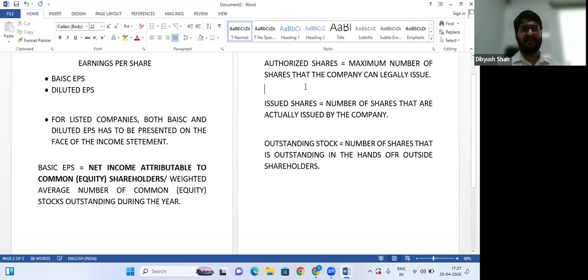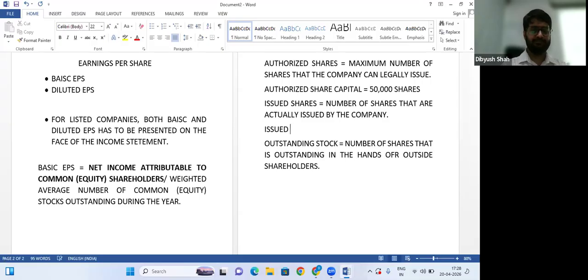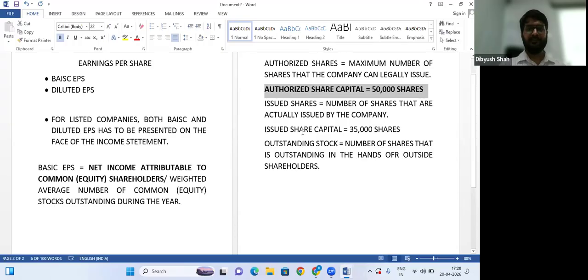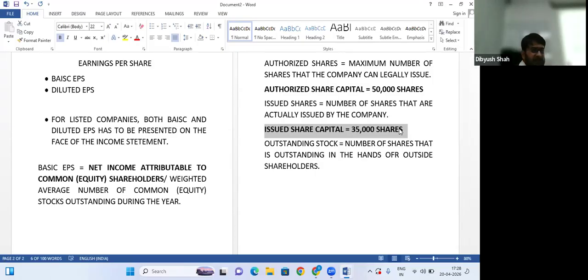Now listen and understand where the difference is created. Let's say a company has an authorized share capital of 50,000 shares. The company actually issued 35,000 shares. The definition is very crystal clear if you focus on it. Authorized shares is the maximum number of shares that the company can legally issue.